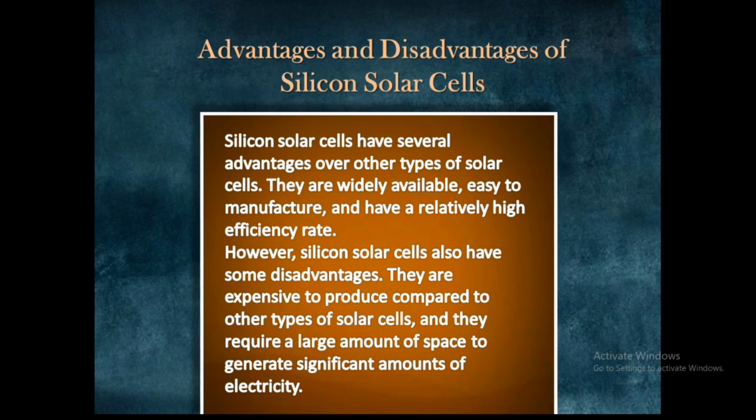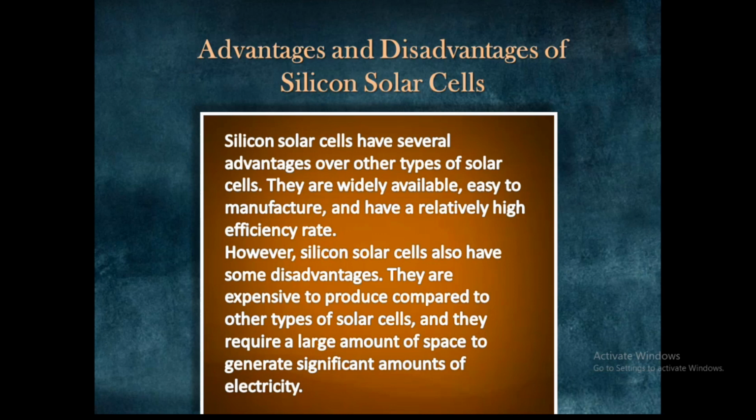They are more expensive to produce than other solar cells, and they require a large amount of space to generate a significant amount of electricity. You can see that a larger space is required, for example the roof or terrace.